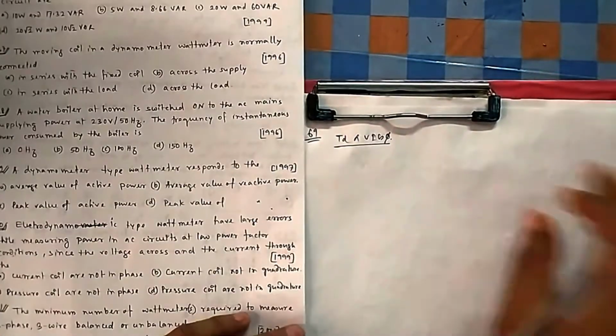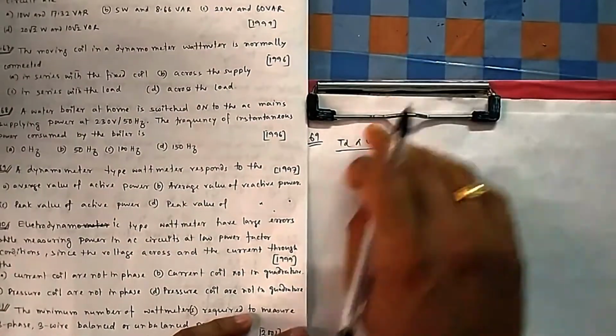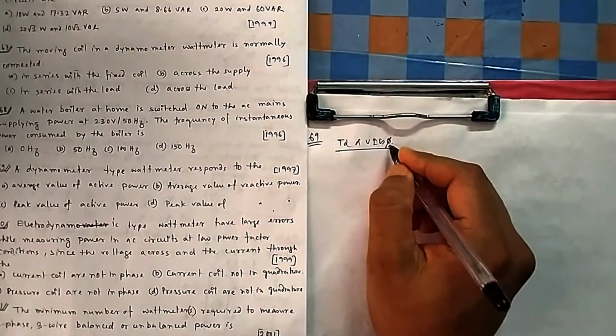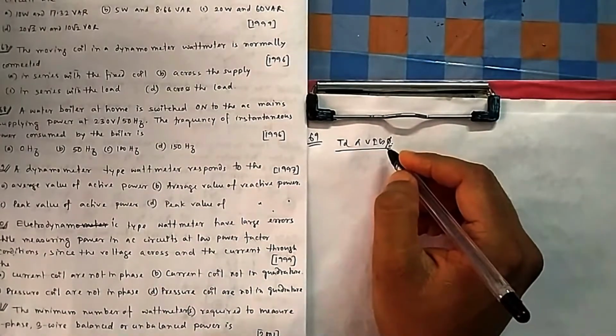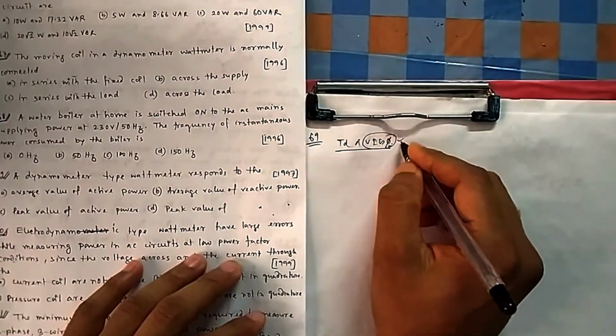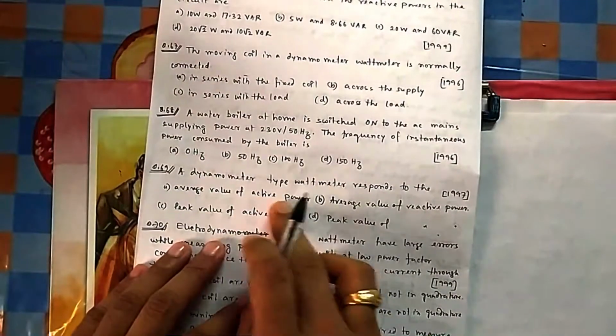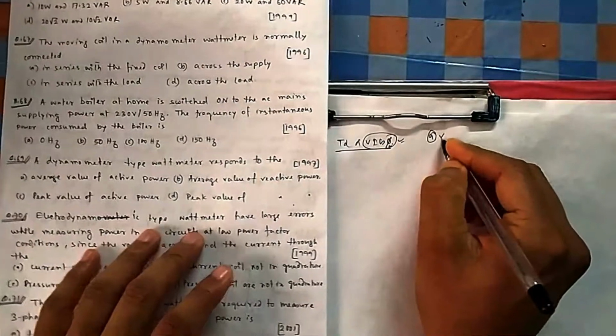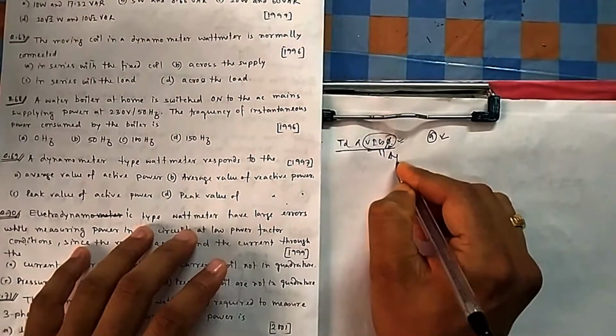If there is no error, everything is well and fine, then we can say it is directly proportional to this. Generally there is a problem in this phi. We will see in coming questions. So it is directly proportional to the average active power. That is your option A.